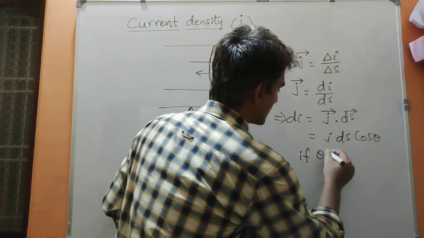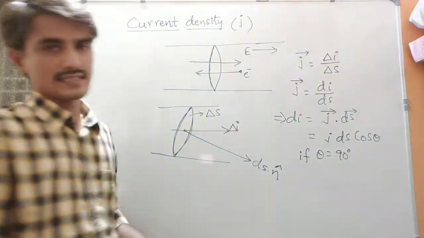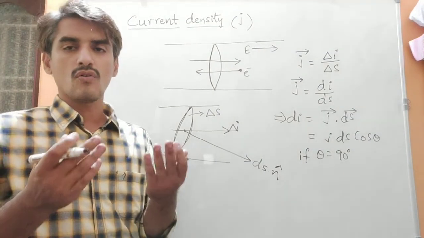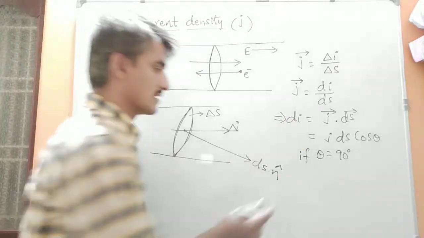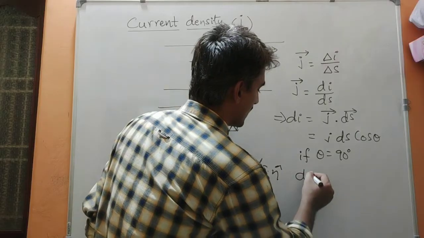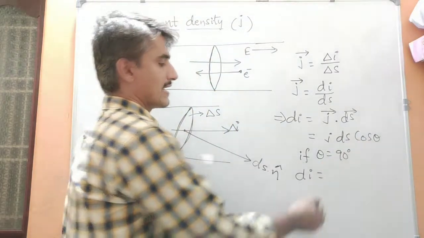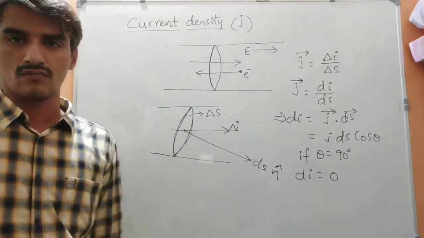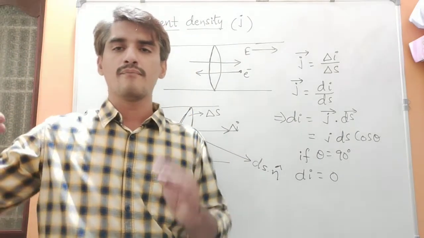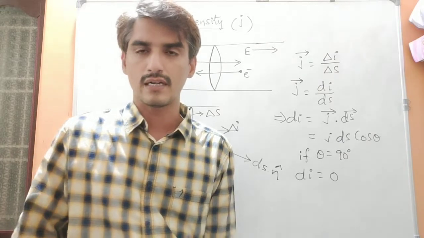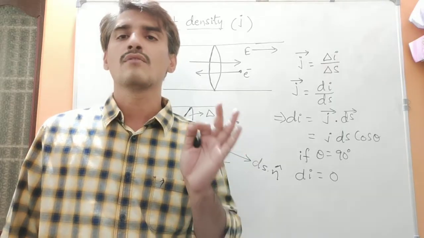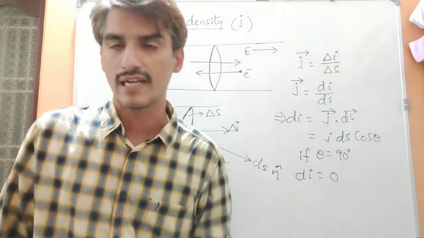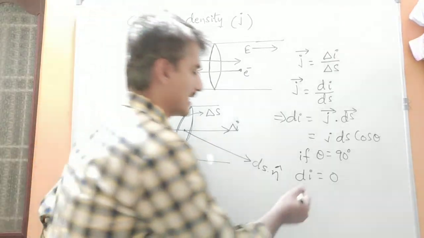If theta is equal to 90 degrees, then dI equals J dS cos 90, which is 0. So if we keep the area perpendicular to the direction of current flow, no current passes. The direction of current density is always along the direction of current at that instant, so dI is 0 here.